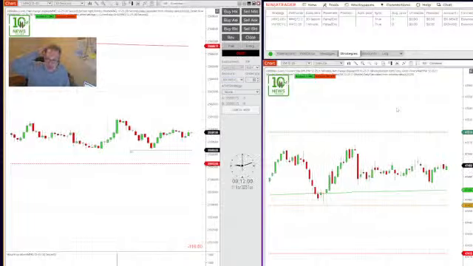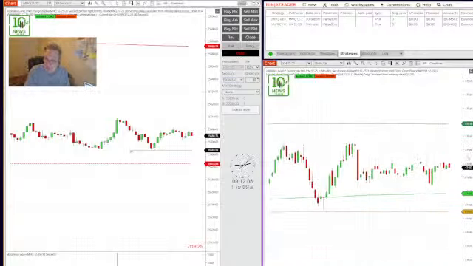The big issue with the YM is, is it going to move before the open? We're quite a ways away from the open. The VWAP is not even 20 ticks away.